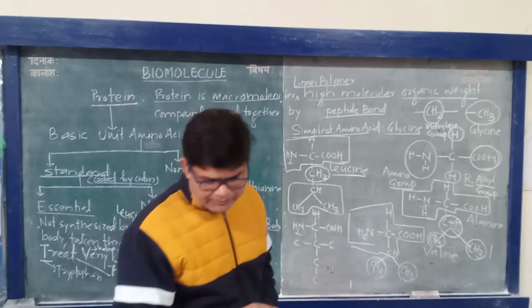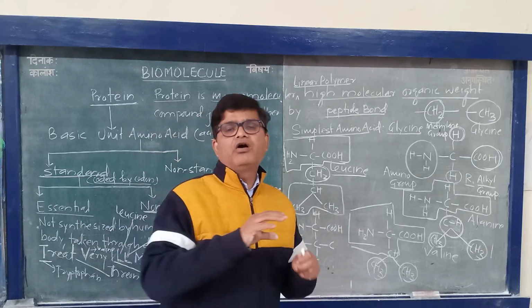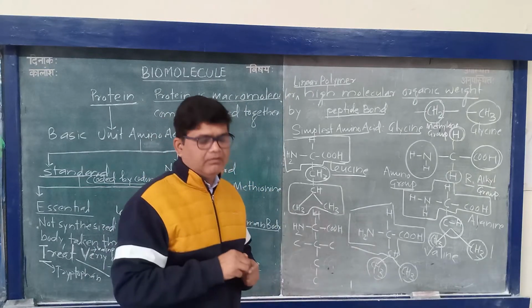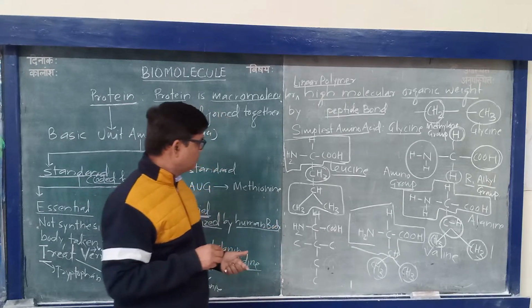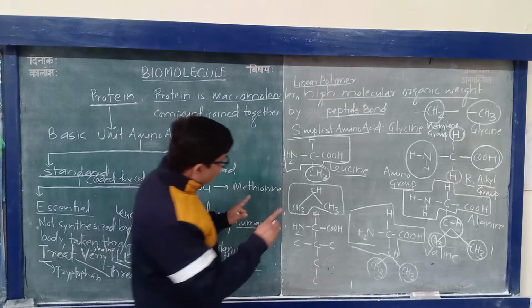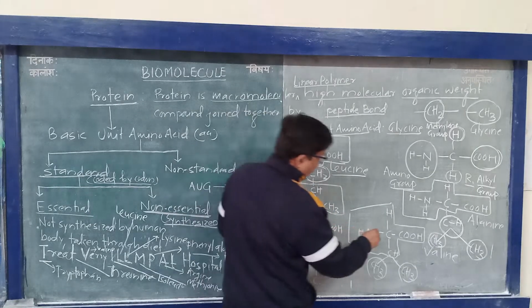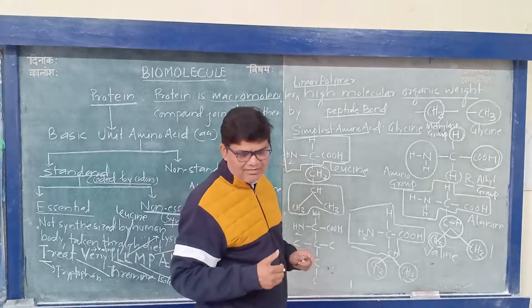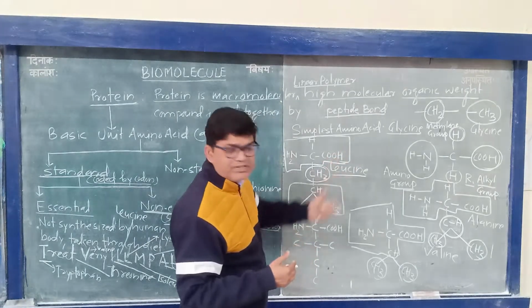If you observe in your protein or structure of different amino acids, try to compare and then you can learn. Means, in this case, either you count the number of carbons or you count the branch chain R groups.